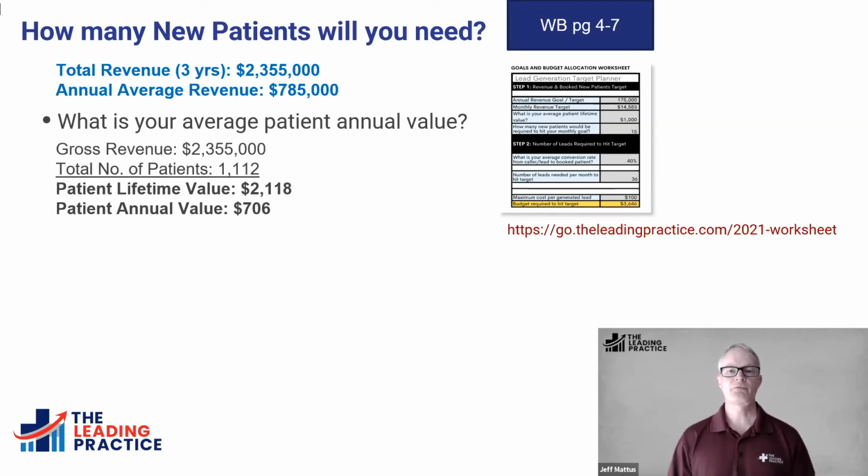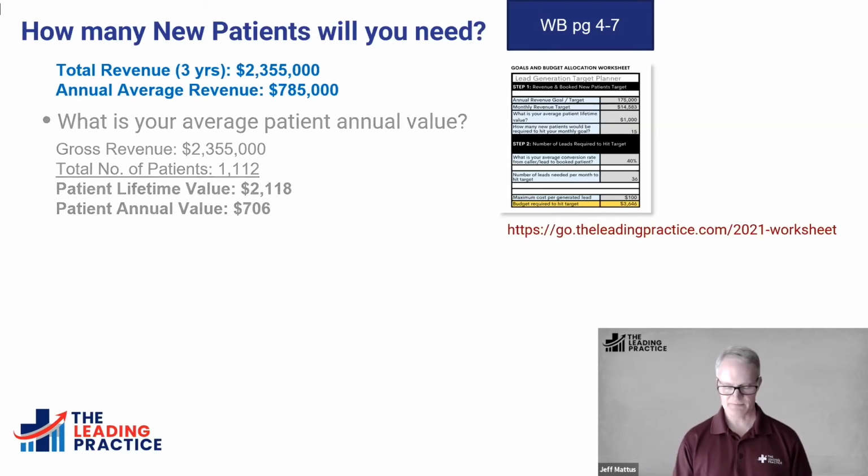We take the total number of different patients, not patient visits, but the different number of people that we've actually provided service to. In our example here, we're going to use 1,112. Now that means when we do the math and we divide that out, 2.3 million divided by 1,112, the patient lifetime value here is $2,118. That basically means that for the lifetime of that patient over 3 years, that is about how much they spend. We divide that by 3 to get the patient annual value, and we come up with $706.